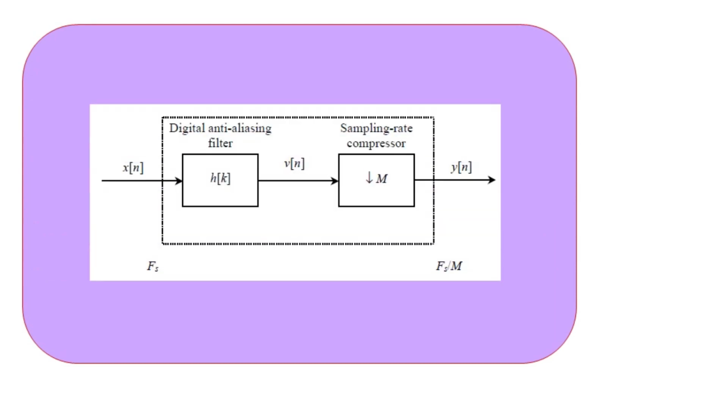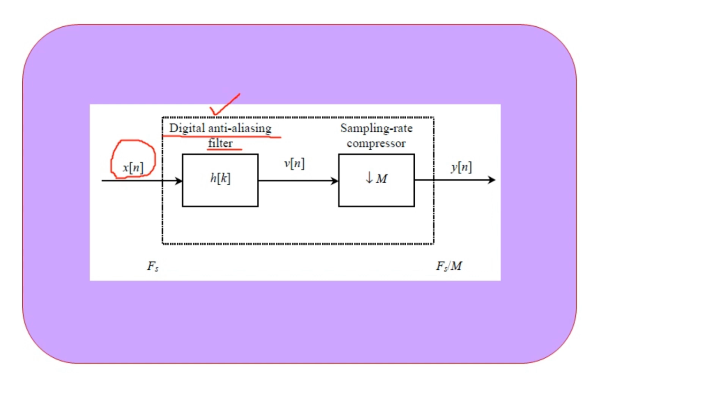In the case of decimation, x of n is the input signal to be decimated. It is initially fed as input to a filter, called the digital anti-aliasing filter. Because of the low sampling rate there is a chance of the aliasing effect occurring, so in order to avoid it we use the digital anti-aliasing filter.